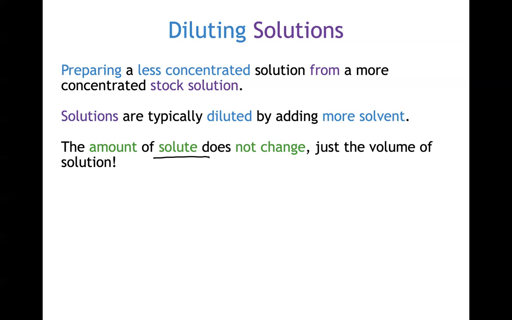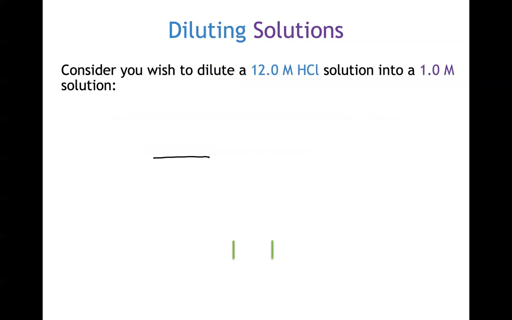So the solution becomes dilute, right? So how can we determine how much of the concentrated solution we need, and what's the final volume of the diluted solution? Well, we are going to use an equation, right? That will hopefully make sense.